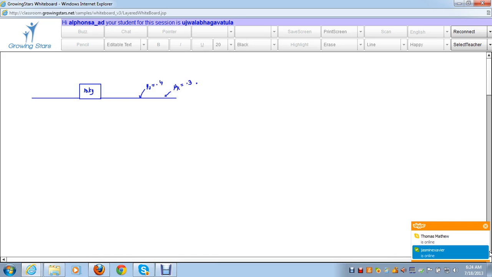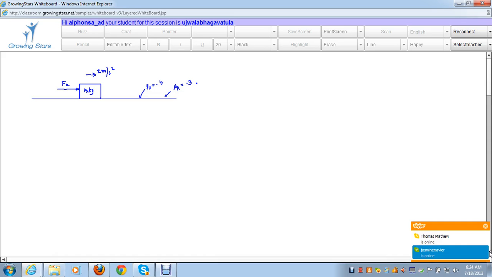So I want this block to accelerate at 2 meter per second squared. What should be the force to be applied? That's the applied force. Can you find out?